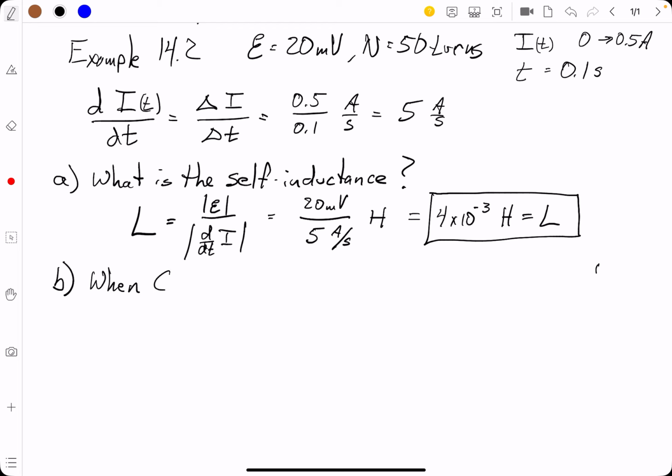When current is 1 amp, what is the flux through each turn of the coil? And by flux, of course, we mean the magnetic flux, right? So we want to know what that magnetic flux is through each turn in the coil.